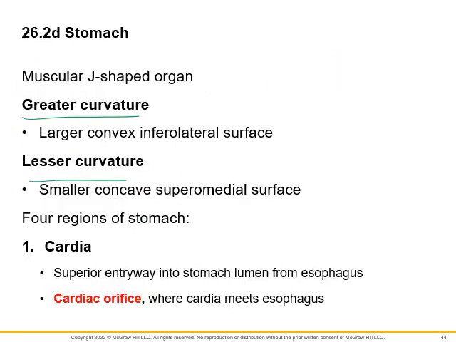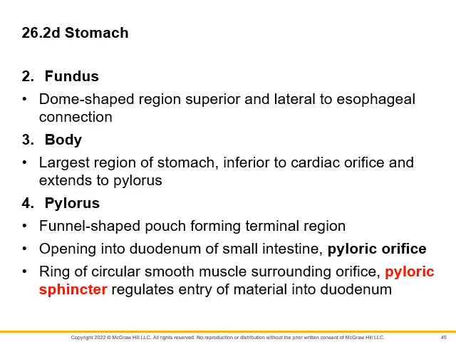There's a greater curve, a lesser curve. There's a cardiac sphincter. They call the area or the region cardia, and then we're going to see an opening or the cardiac orifice where the cardia and the esophagus meet, and then the opening and closing of that region. Then we're going to see the fundus, the body, and the pylorus region, and a pyloric sphincter.